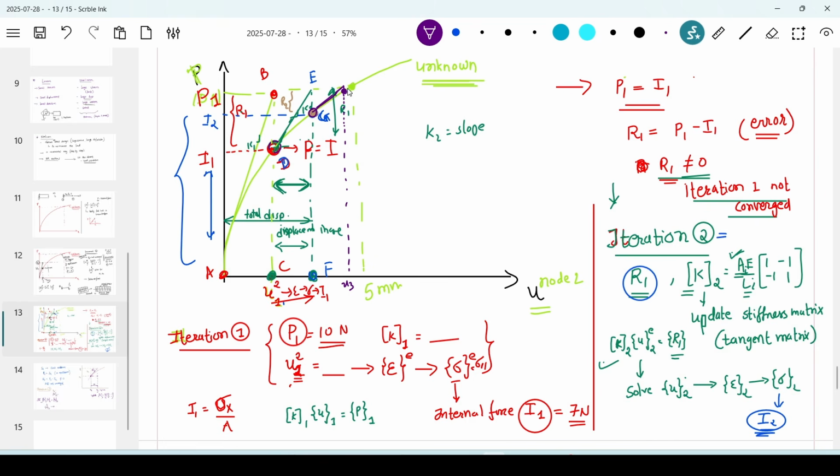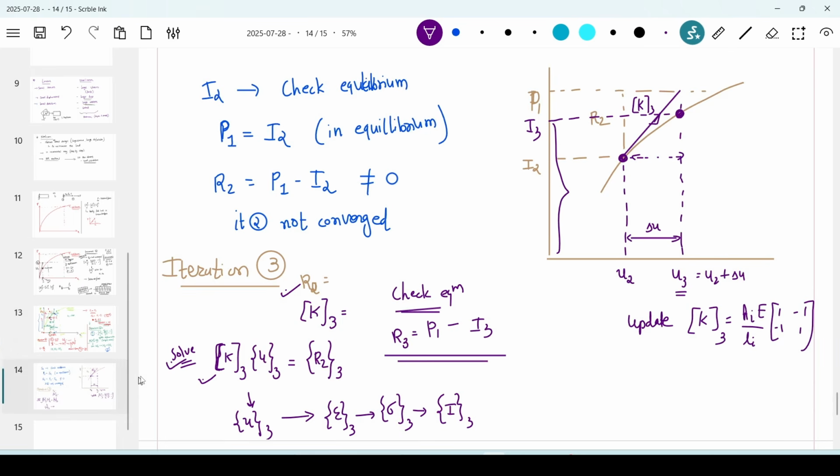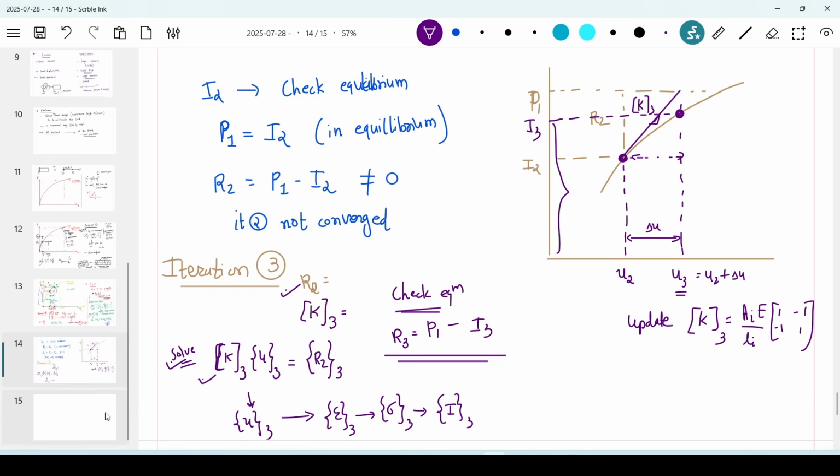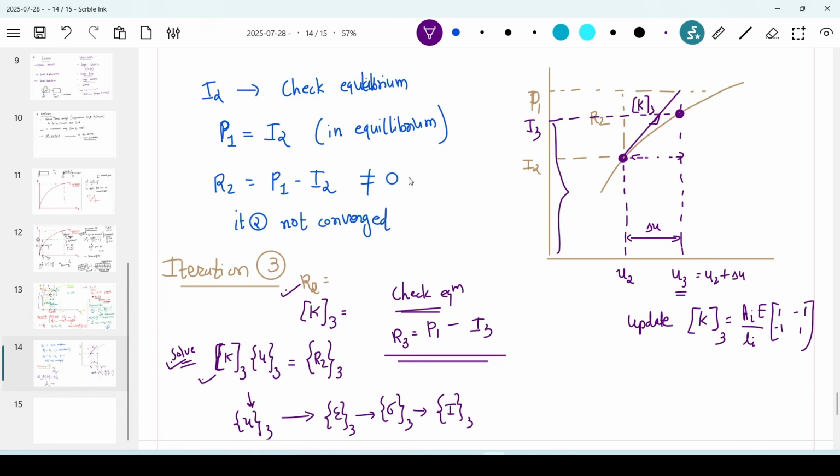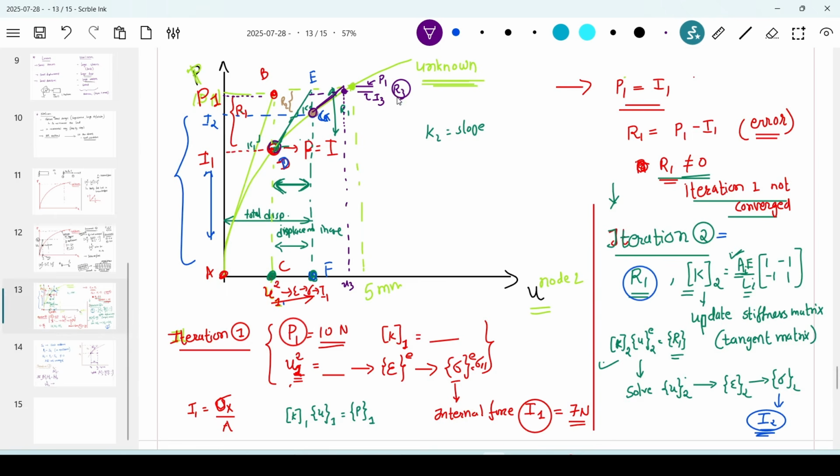So this is our I1, which is very close to P1. This is P1 and this is my I3. Now we get this residual as R3 because there is an error of P1 minus I3. So in iteration 3 there is a residual R3.